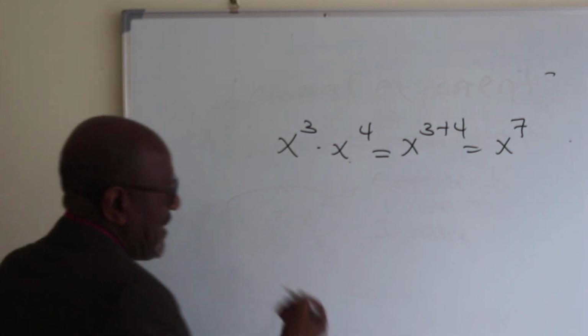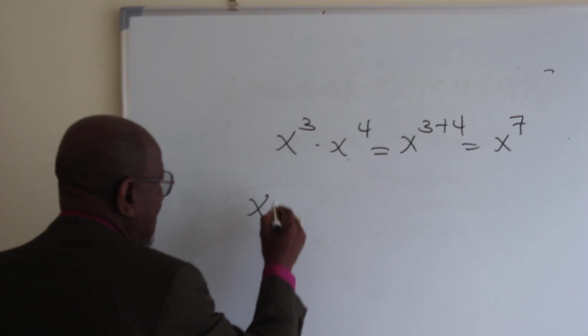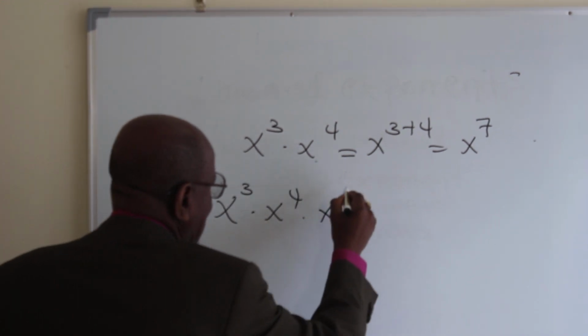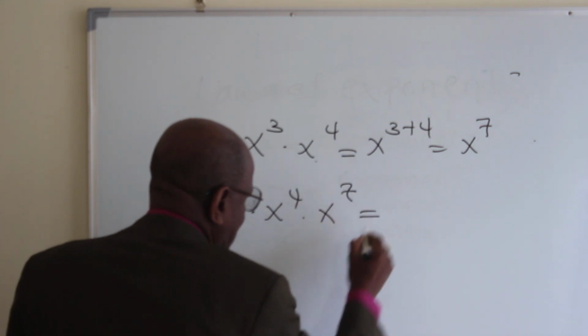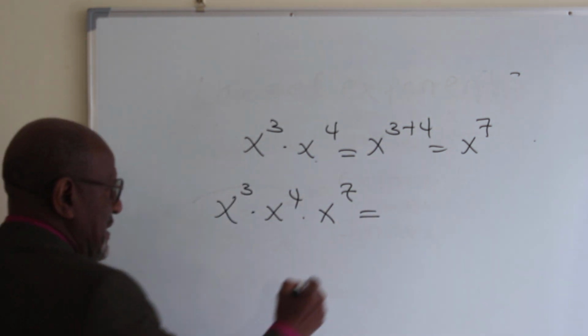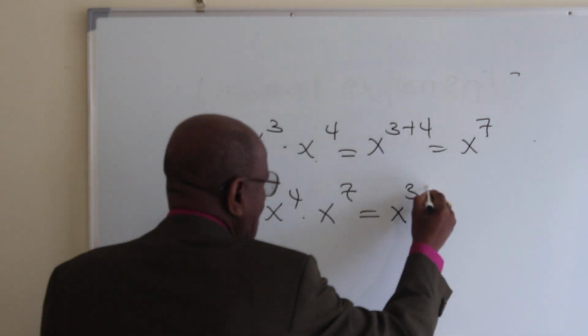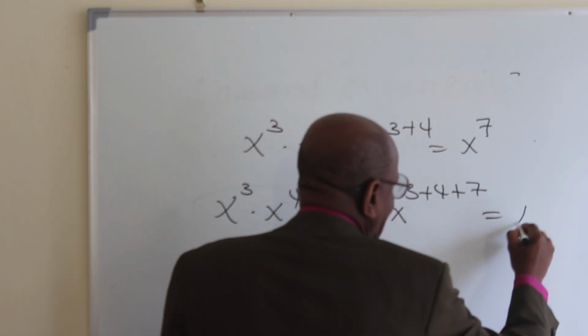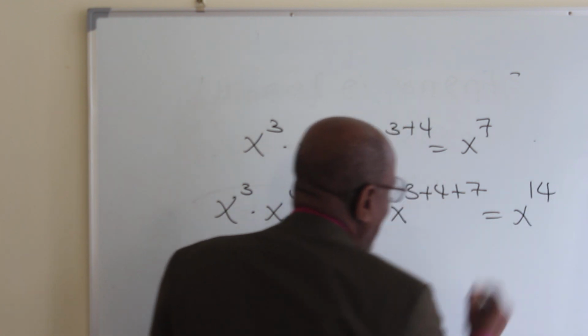So if we have another example, x to the 3rd times x to the 4th times x to the 7th, we just add. x to the 3 plus 4 is 7, plus 7 is 14. That would be x to the 14th power.